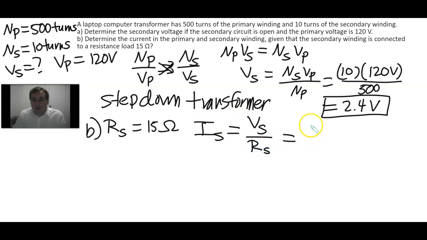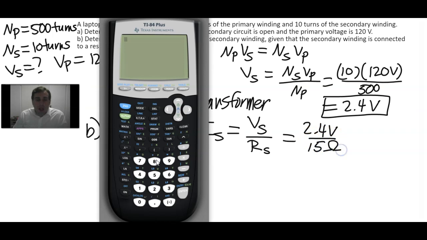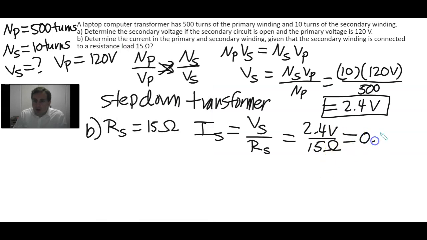So that's 2.4 volts over the resistance of the secondary, 15 ohms. So we calculate 2.4 divided by 15. So we've got 0.16 amperes. So that's the current on the secondary.